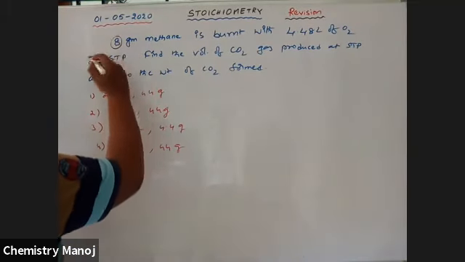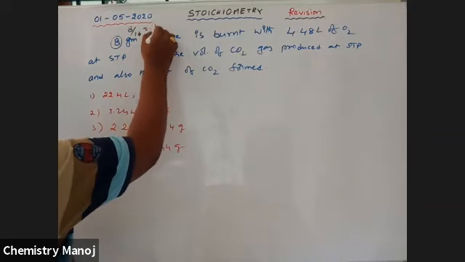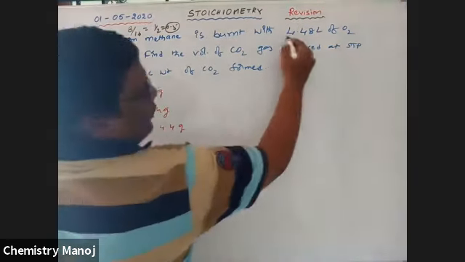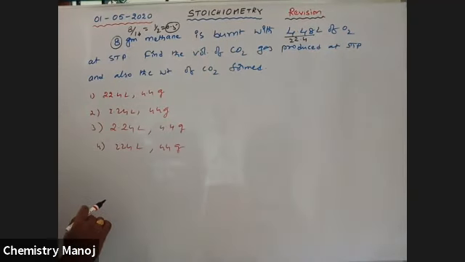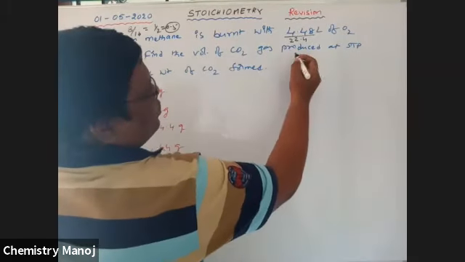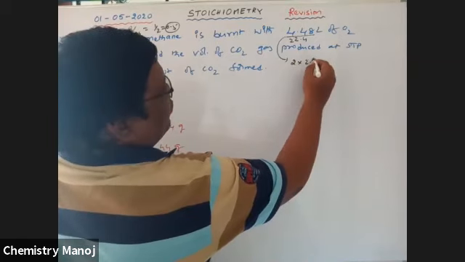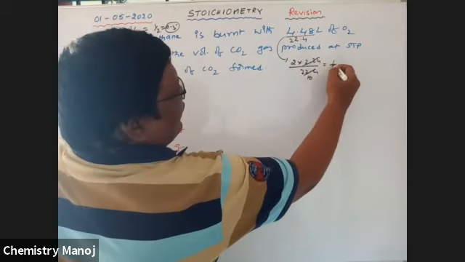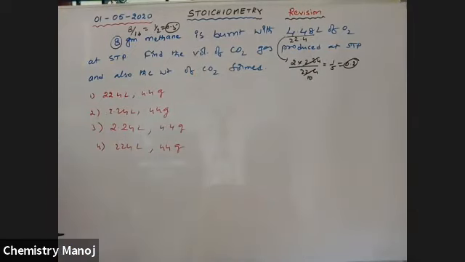8 grams methane converts into moles: 8 by 16, that is 1 by 2, 0.5 moles of methane. 4.48 liters by 22.4 converts into moles, that is 2 into 2.24 by 22.4, which is 1 by 5, 0.2 moles of oxygen.